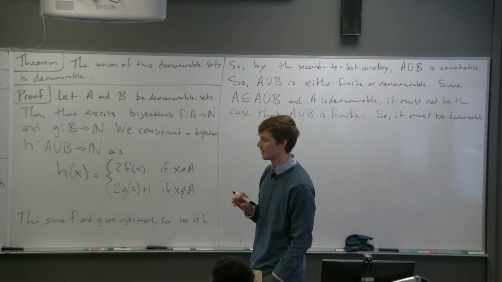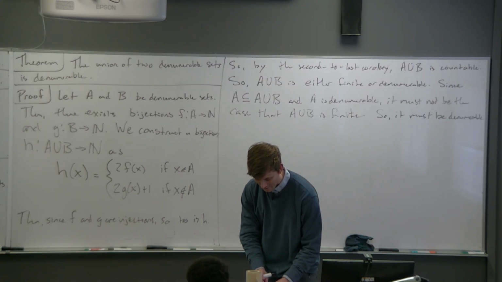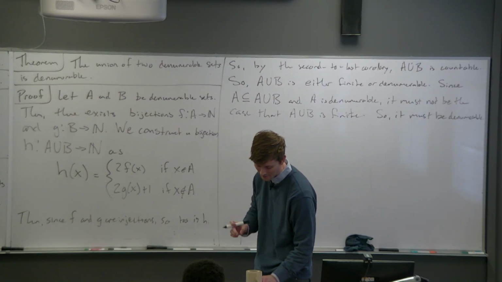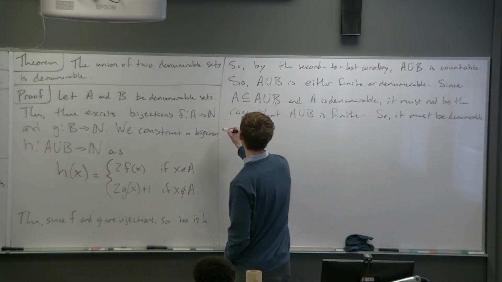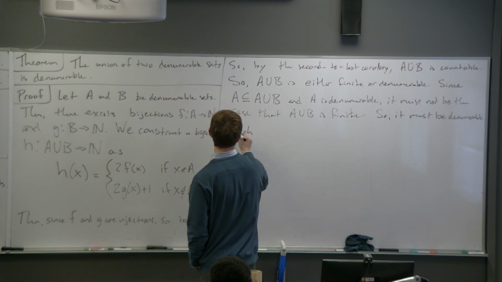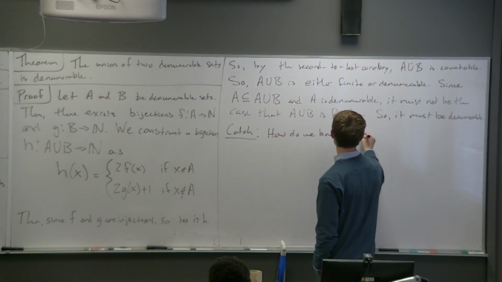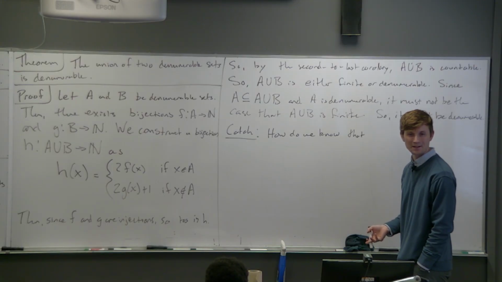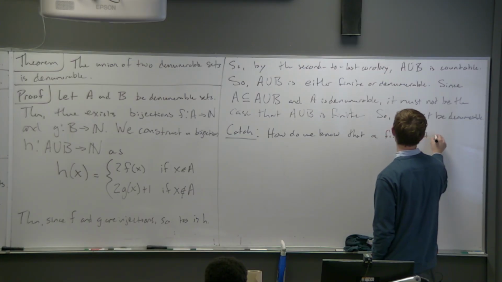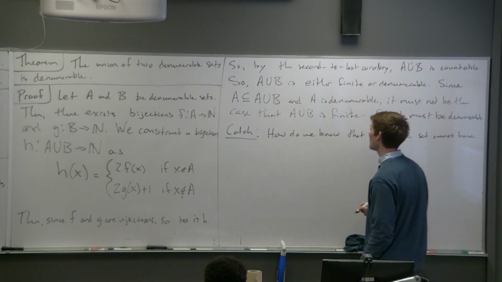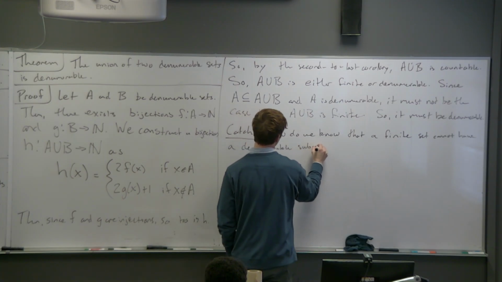Maybe this is not as immediately obvious. I guess this is the little catch: how do we know that a finite set cannot have a denumerable subset?